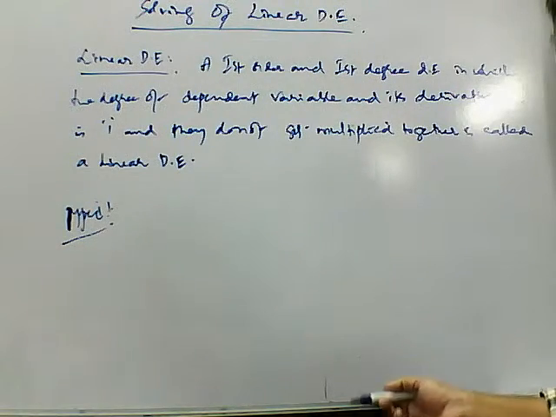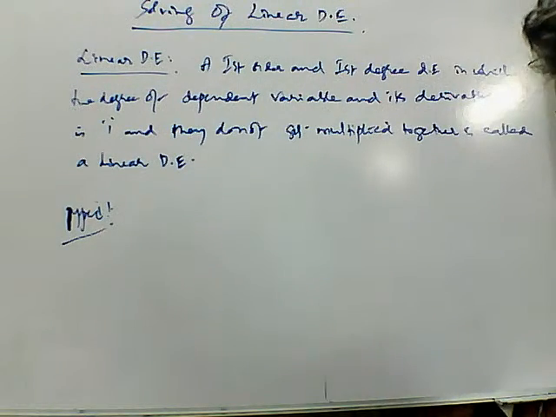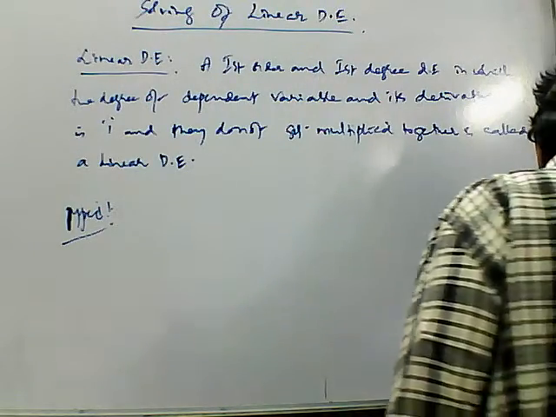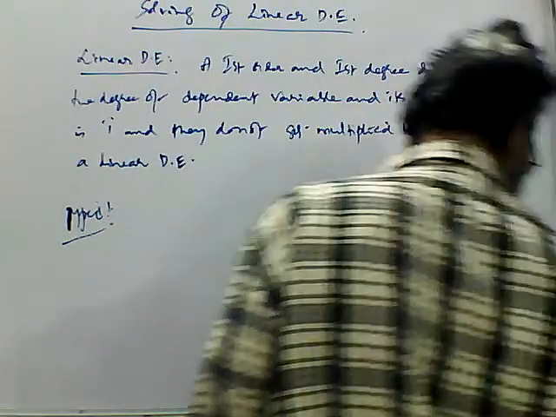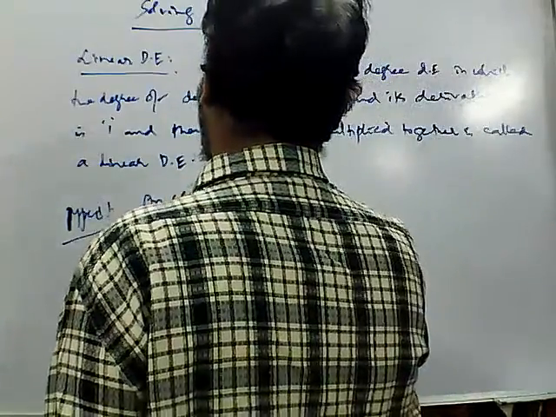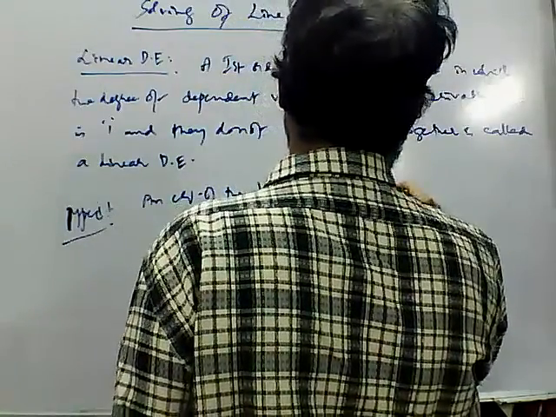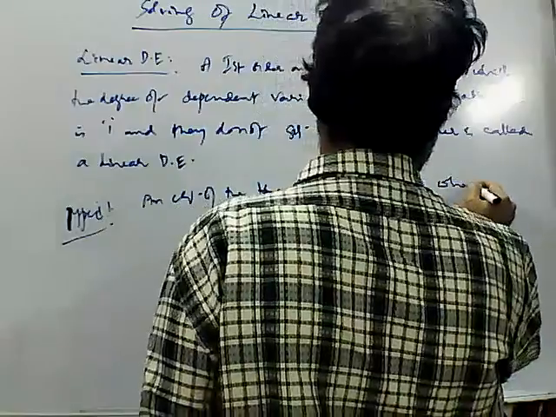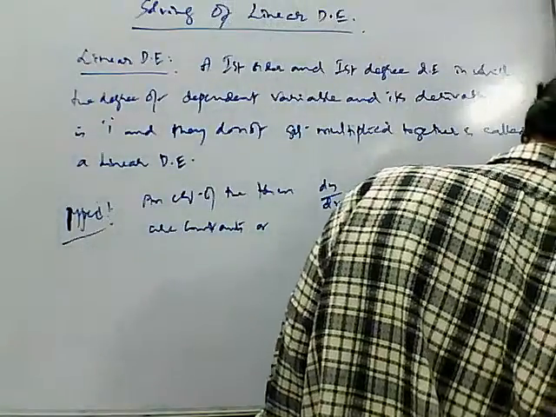Type wise, there are two types of linear differential equations. Let us see it. First, type 1: an equation of the form dy by dx plus py is equal to q, where p and q are constants or functions of x only.